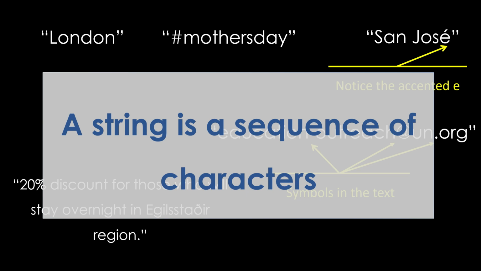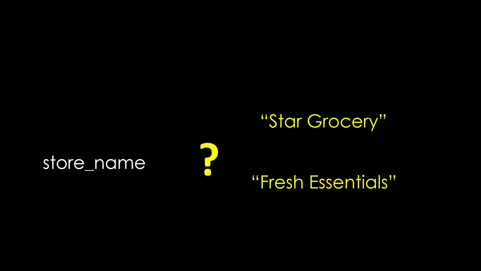Now, in practical programming, we often need to compare two strings. For example, imagine you have written a grocery app and you need to identify the name of the shop the user is buying from so that your app can offer an appropriate discount.